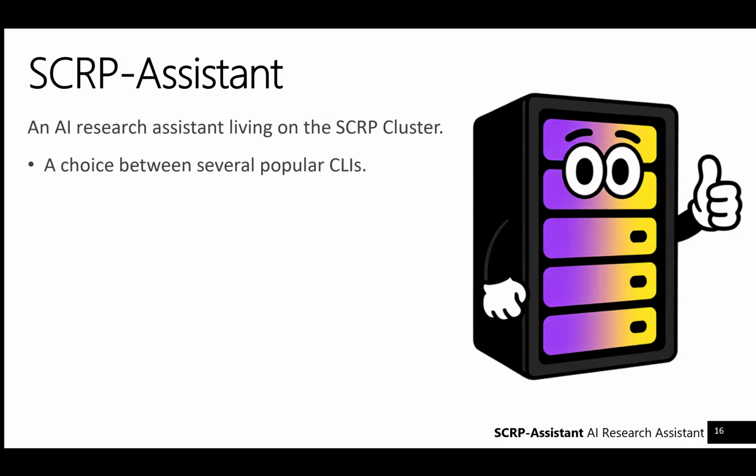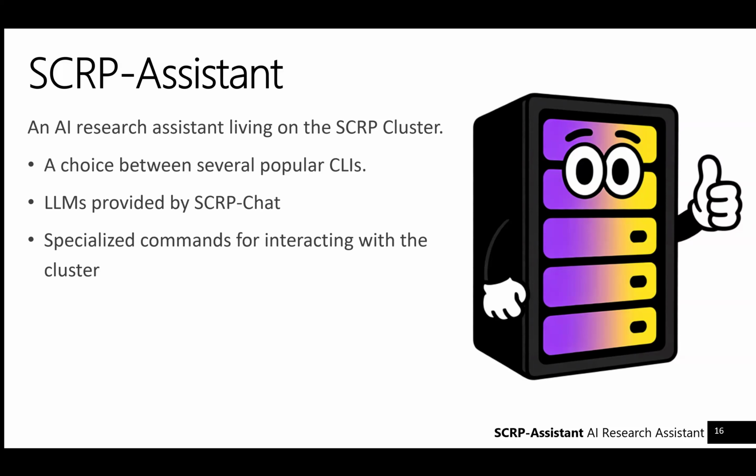These are what these front ends are called. You can choose from Qwen, Claude Code, Codex as a front end. We integrated it into our Jupyter interface. You can also start it from the command line. That's how you access it. It makes it very straightforward. The LLMs are provided by SCRP Chat. You don't have to use our LLMs, but our LLMs are free, right? So by default it connects to them.